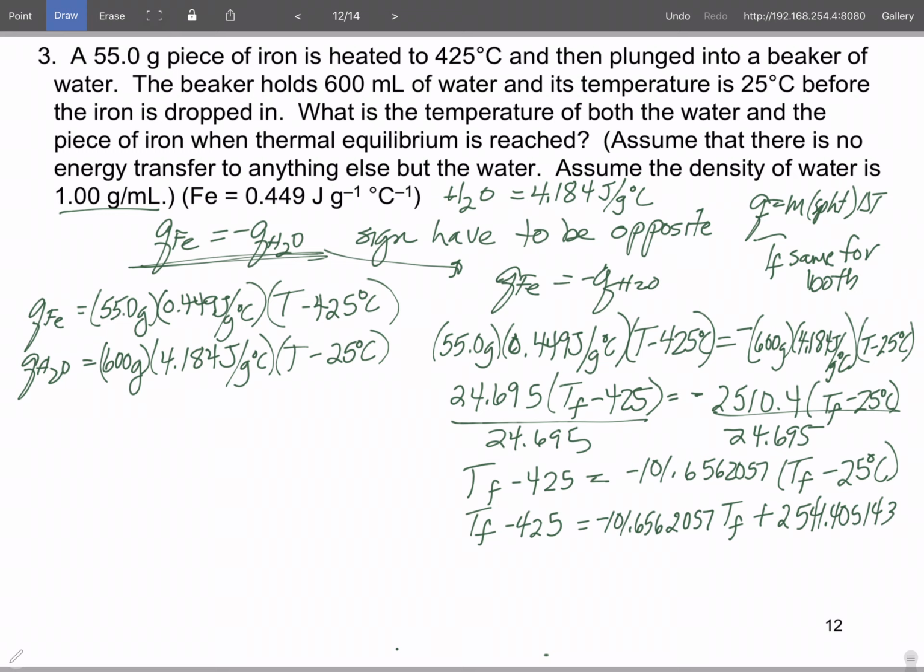Then what I will do is move this to this side, so plus 101.6562057 T final is 101.625. No, 656.